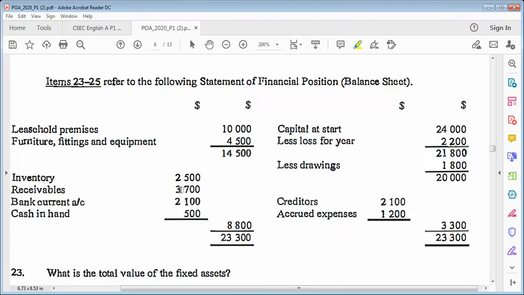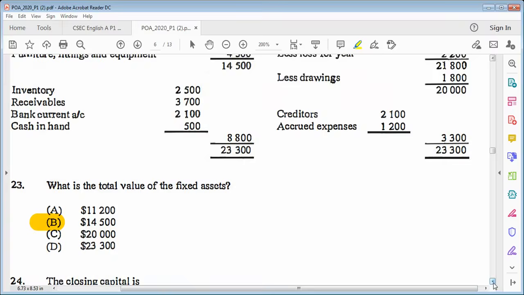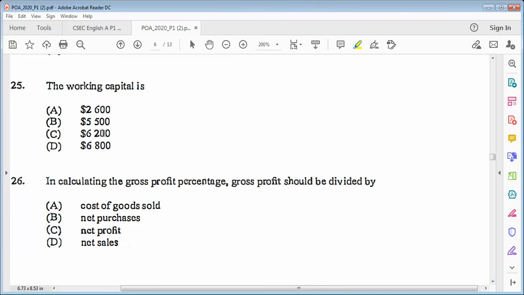When we take away 3,300 from 8,800, we're left with a working capital of 5,500. So B.